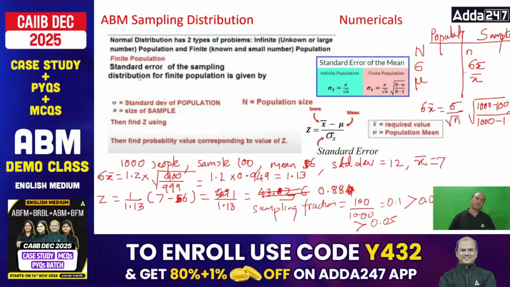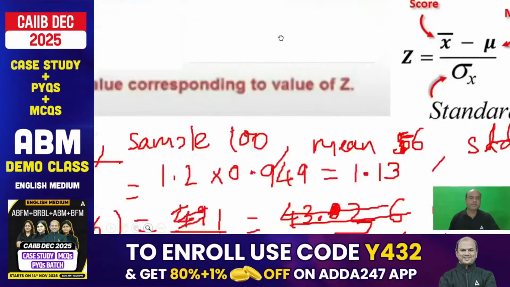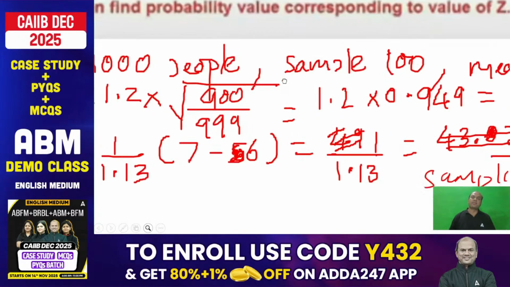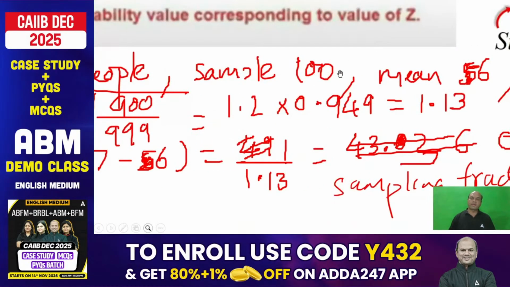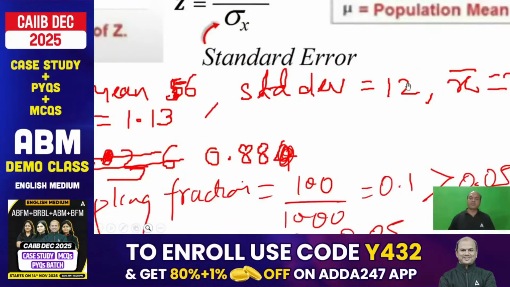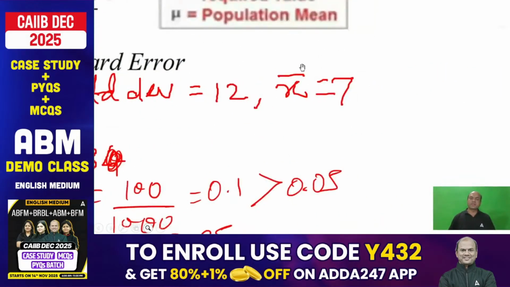Now let's solve this. There are 1000 people. Sample is taken as 100. Mean is 6. Standard deviation equals 12. X bar equals 7, which means the sample mean is 7.